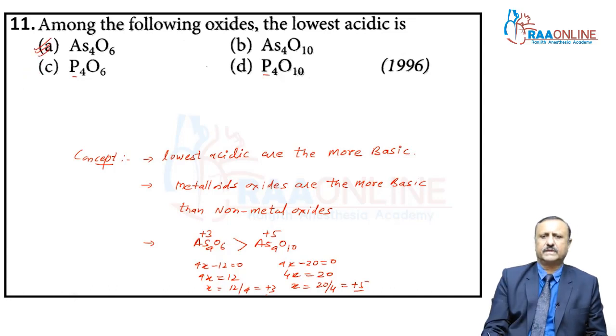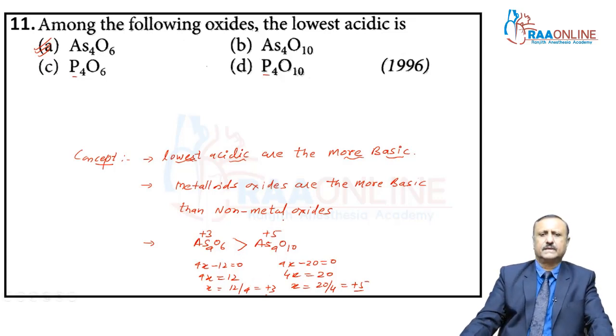This is the lowest acidic, meaning more basic. So this As4O6 is more basic than As4O10. These are the concepts to determine the acidic nature of the oxides.